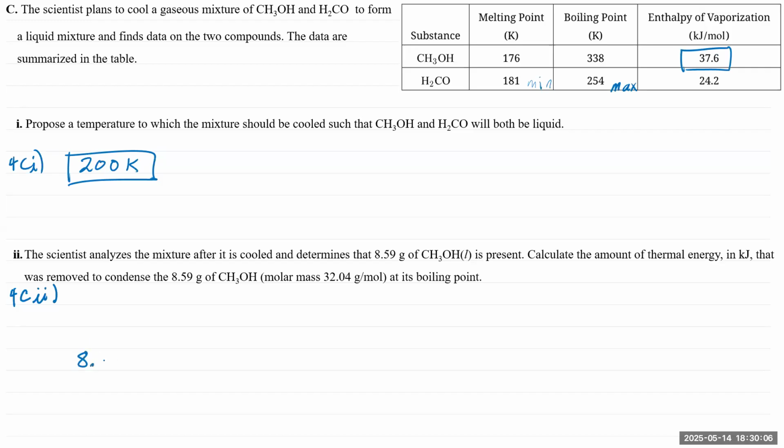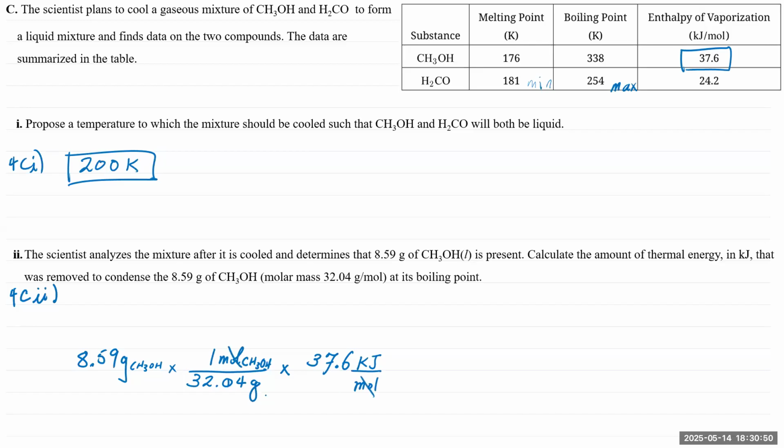It's 8.59 grams, and that is our methanol, right? And we got to convert that to moles, and the given molar mass is like that. That should take us into the number of moles, right? And we know that it is 37.6 kilojoules per mole.